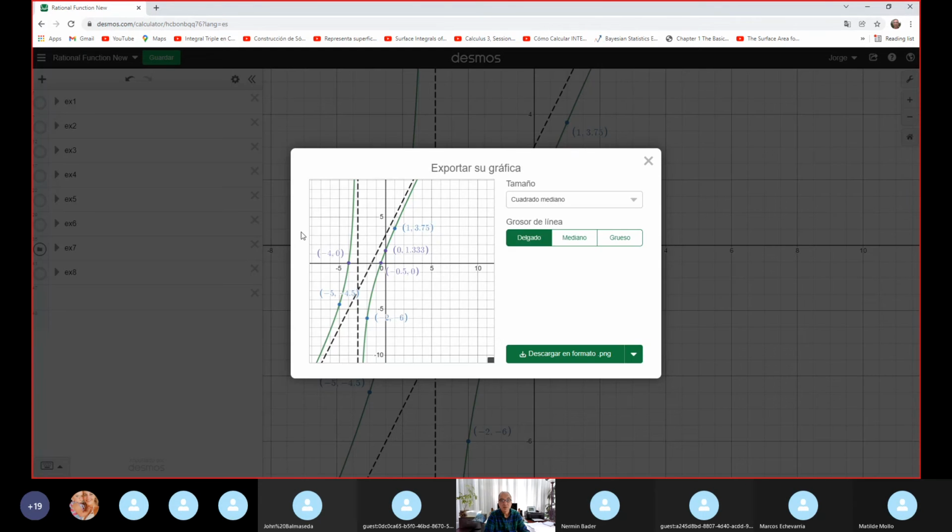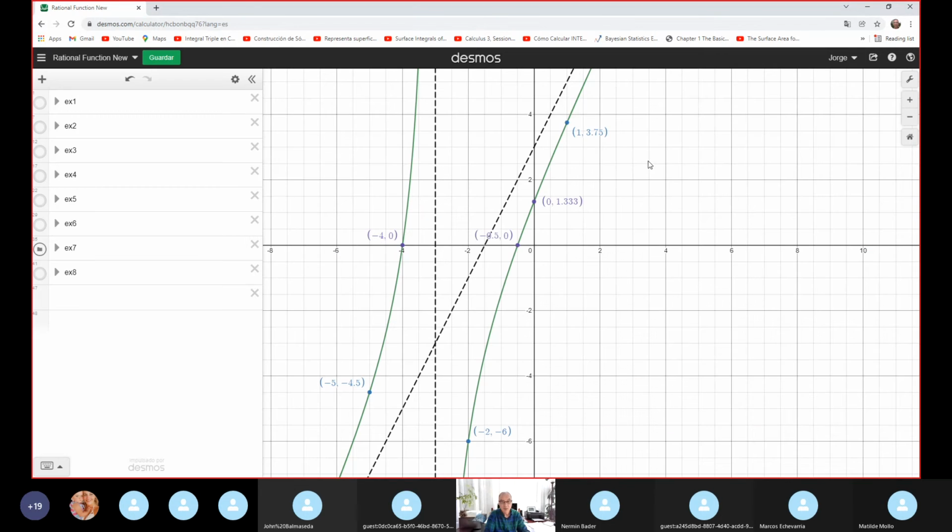This is the graphic, and you download it in a picture format and send it to me by email. But don't do the graph by hand, because it's ugly and it won't be done well. In this subject we always do the graph using software. You need to learn to use the software, because as a professional, nobody does the graph on a piece of paper, no?